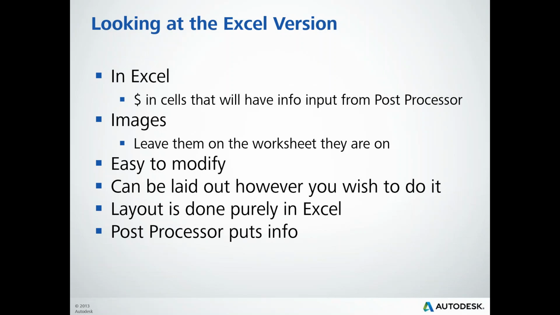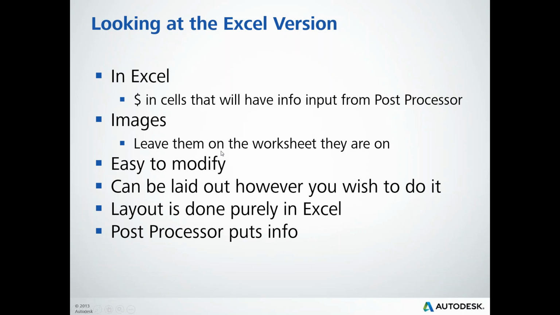But the one that has the part image, what exports out of Inventor or HSM Workstation, that one has to stay on the same sheet, just because of how it's linked in the rest of the programming in the background. It has to stay there, or else it won't actually create an image of that part.